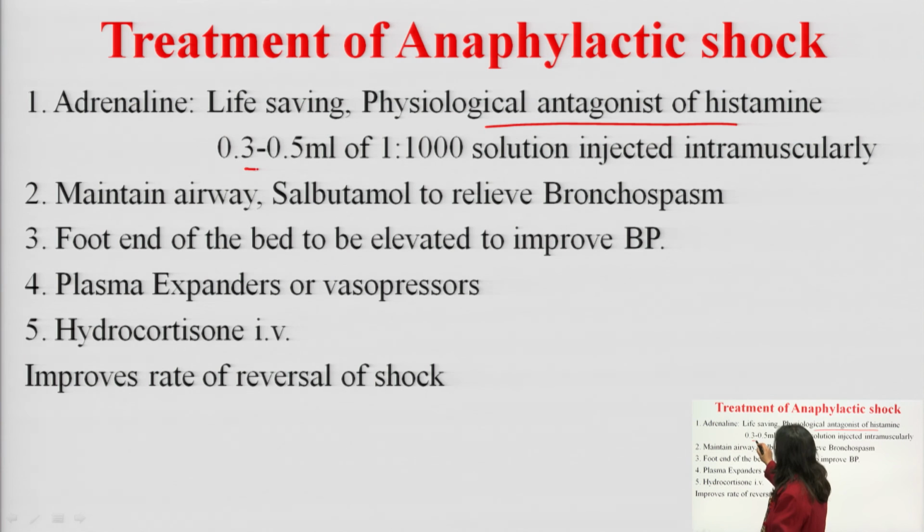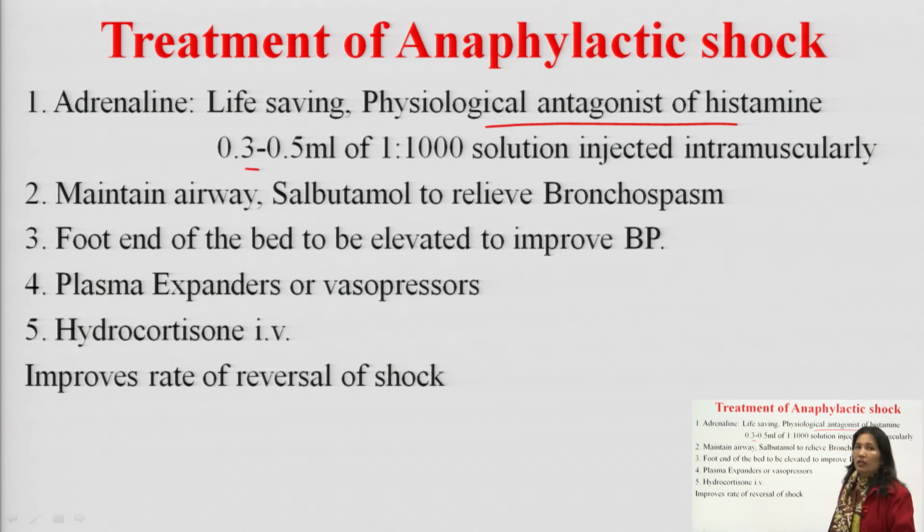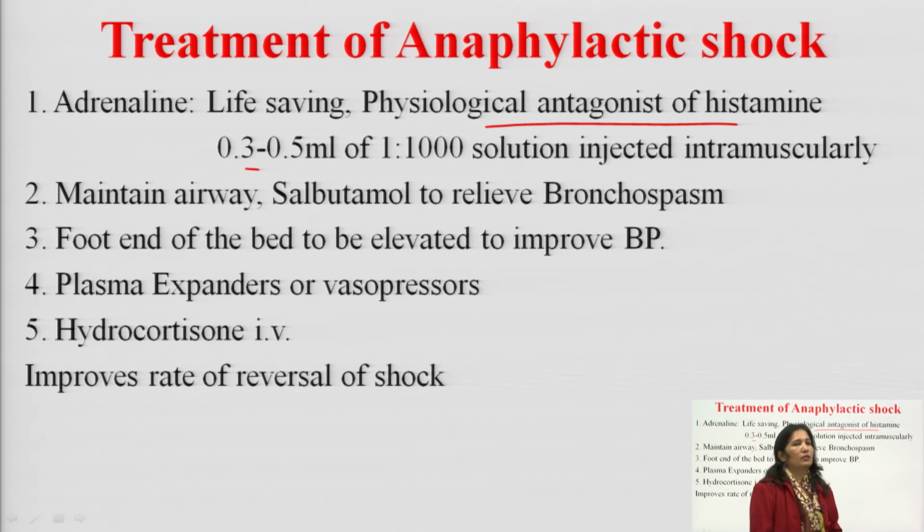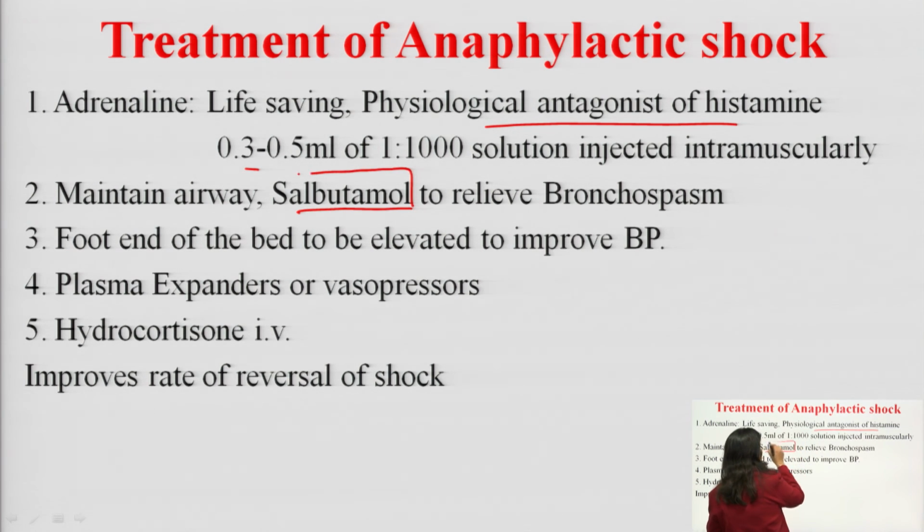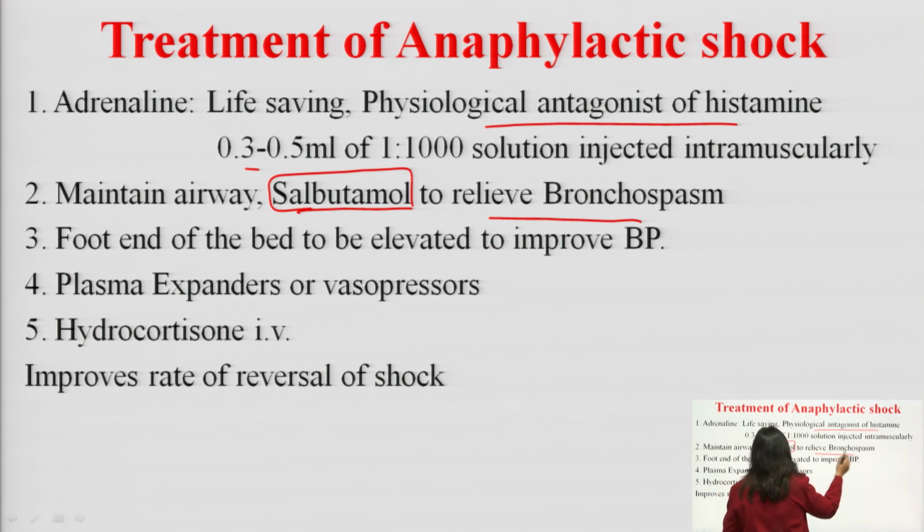So, for this we give 0.3 to 0.5 ml of 1:1000 solution injected intramuscularly. Also, we need to maintain the airway. Because of the bronchoconstriction, we need to give a bronchodilator, which is salbutamol. Salbutamol is a beta 2 agonist, given to relieve bronchospasm.